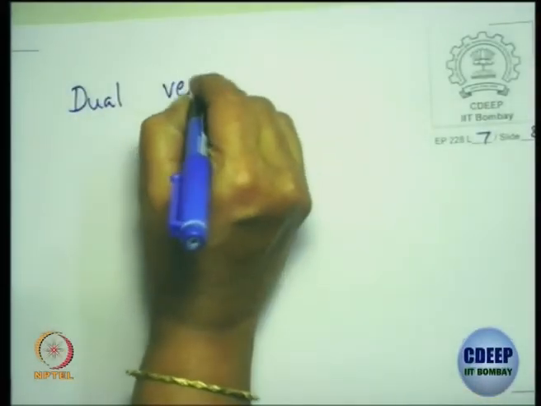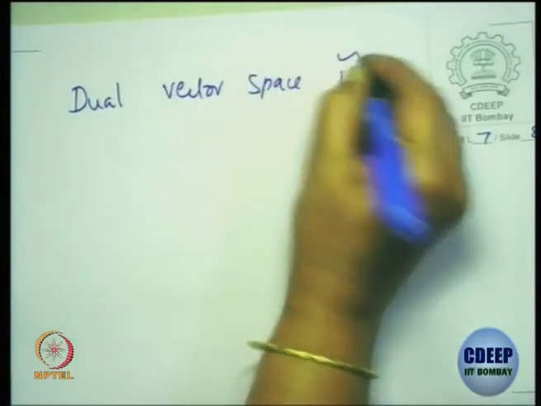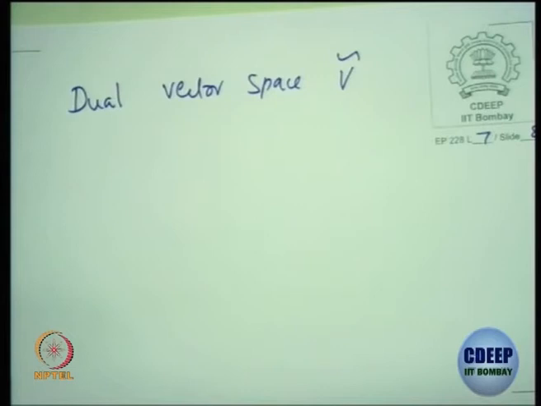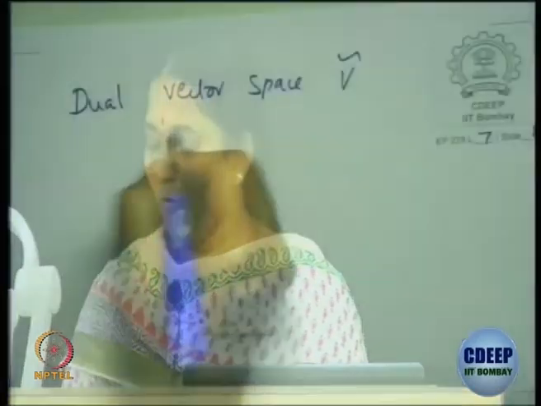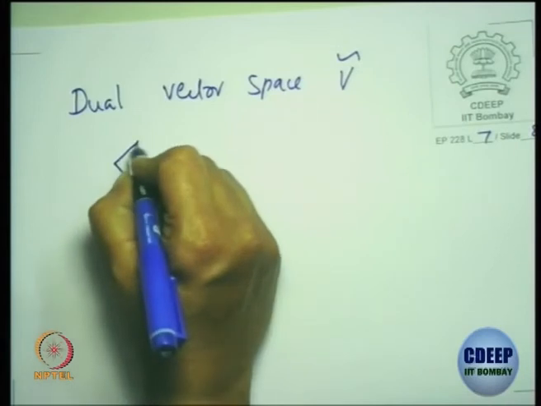But in any abstract linear vector space, you have a dual vector space V tilde, which could be different from V. In most situations V tilde may look similar to V. In fact, in R3, you take vectors and take a dot product because V tilde is exactly similar to V. But in general, a dual vector space will be different from your original vector space, where we denote states by a different angular bracket.